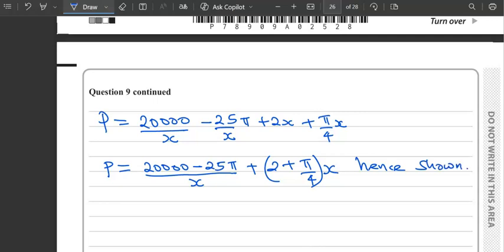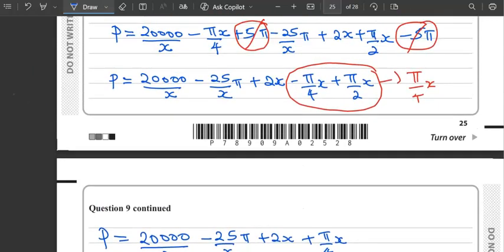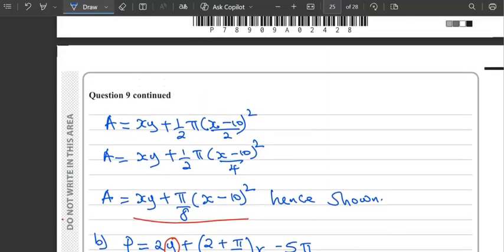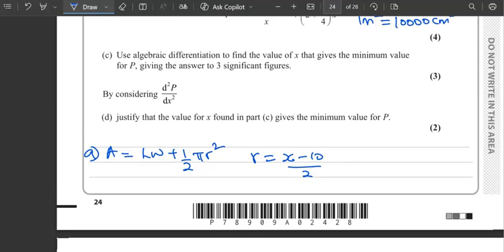So this marks the end of part B. Now we can consider part C. Going back to the question, we've done clean work. Part C says use algebraic differentiation to find the value of x that gives the minimum value for p, giving the answer to 3 significant figures.